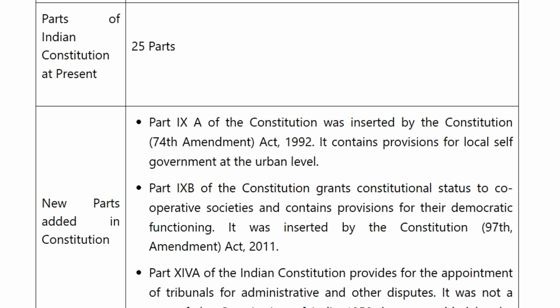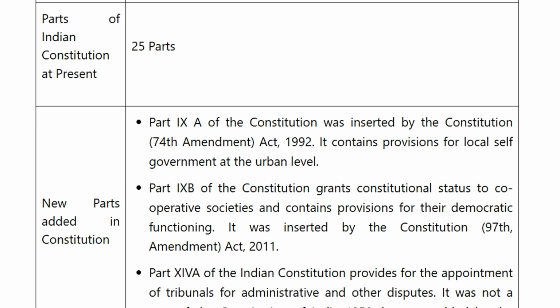New parts added in the Constitution. Part IXA of the Constitution was inserted by the Constitution 74th Amendment Act, 1992. It contains provisions for local self-government at the urban level. Part IXB of the Constitution grants constitutional status to cooperative societies and contains provisions for their democratic functioning.